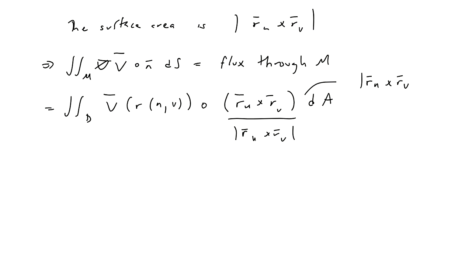But we have to multiply by the surface area, which is that, and therefore those cancel. And so you can see it's similar in some sense to 4.2, a bit more complicated. And so we'll do an example after the test.